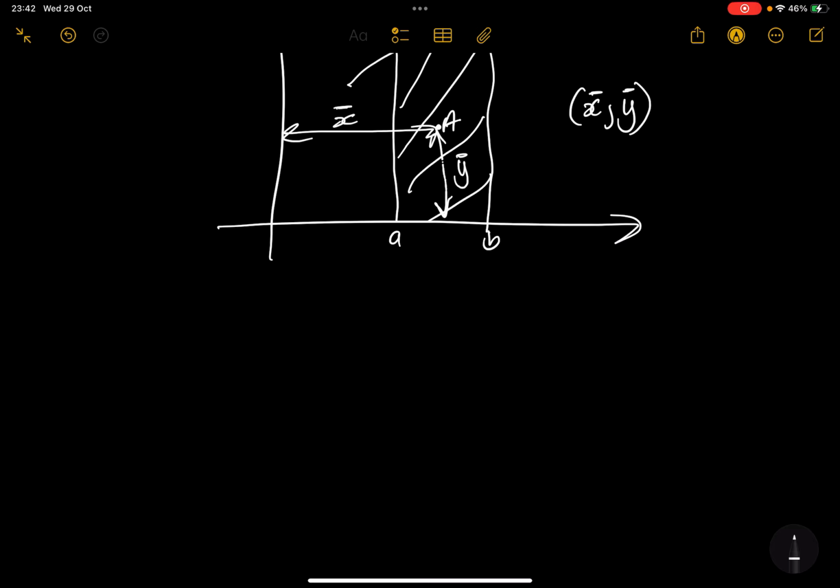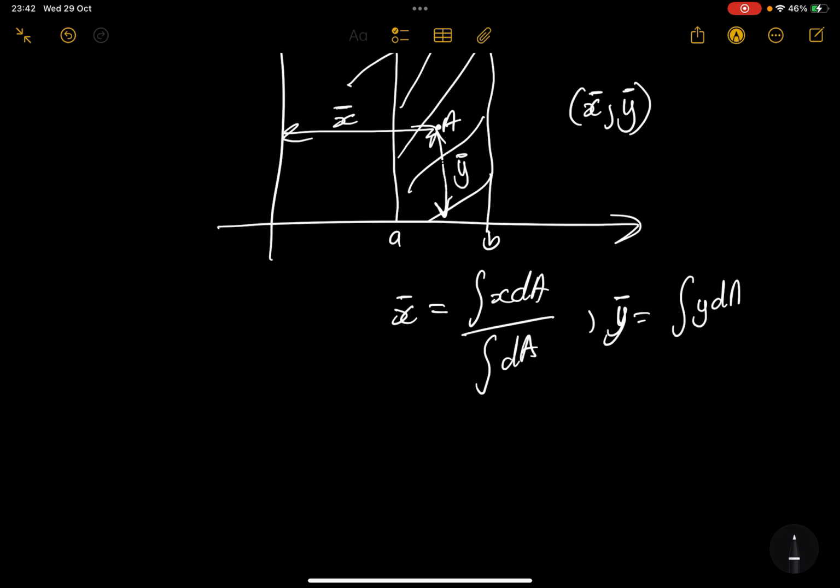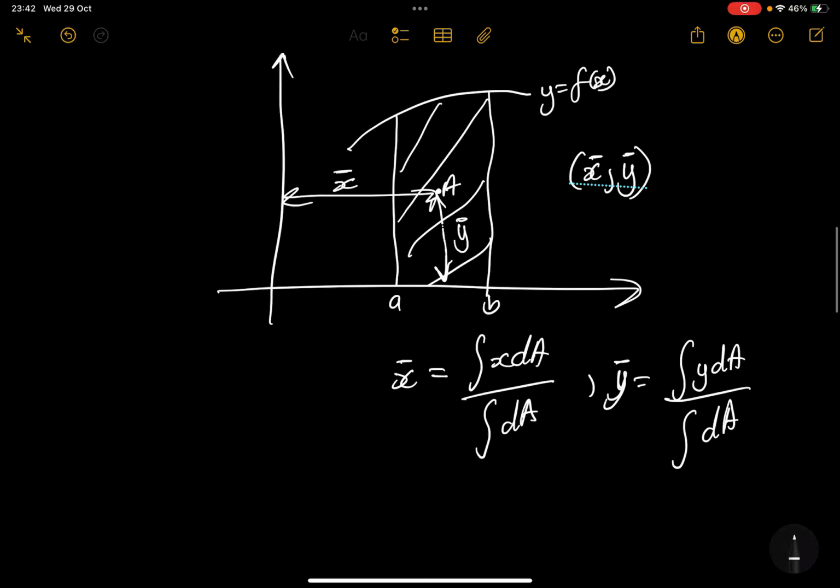The x value you can get by integrating x dA over the integral of dA. And the y value you can get by doing the same thing: the integral of y dA over the integral of dA. But we can further expand these two formulas to simplify them.